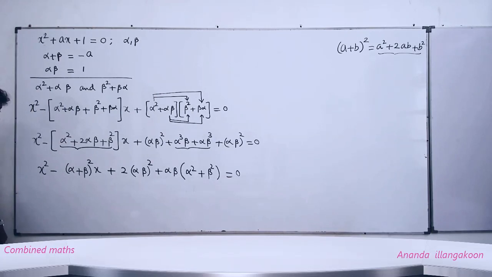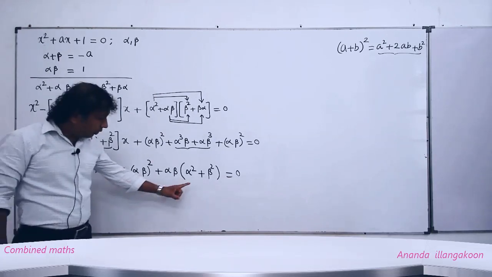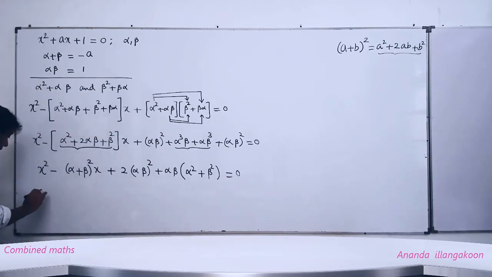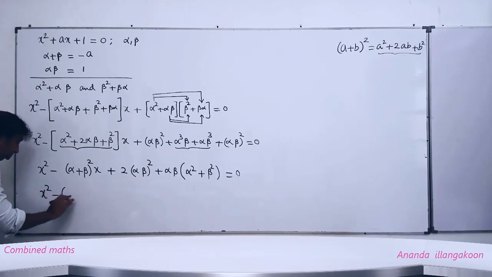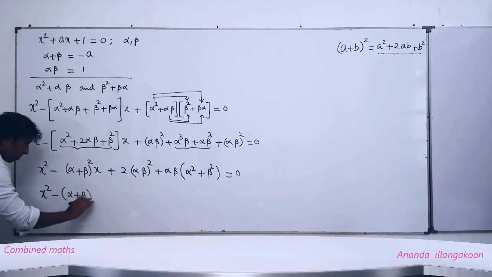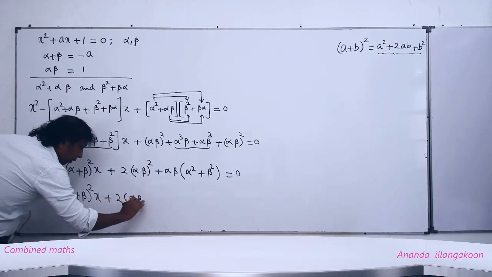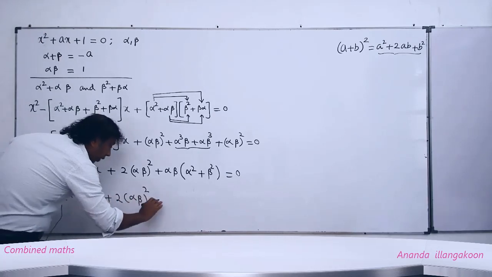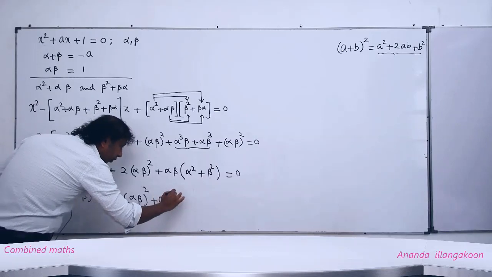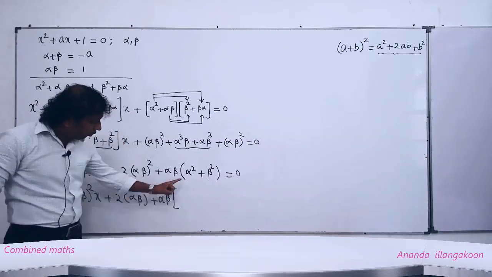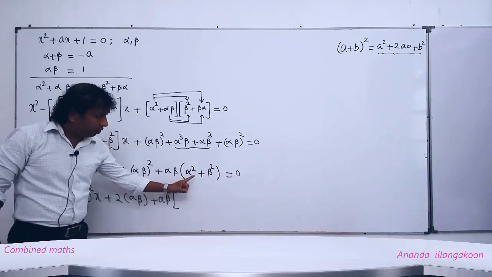Now, people, I can substitute this alpha squared plus beta squared, I can write like this. Right? Alpha beta. People, can you remember the way of writing this alpha squared plus beta squared?